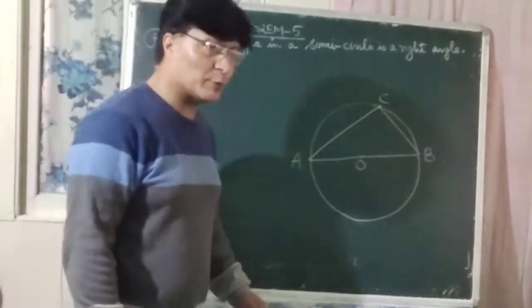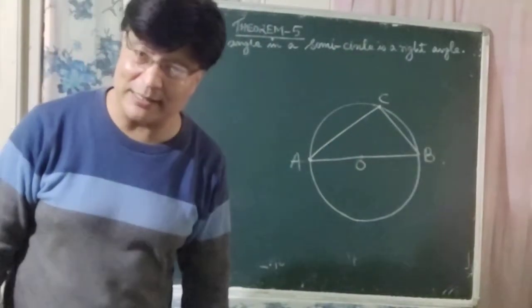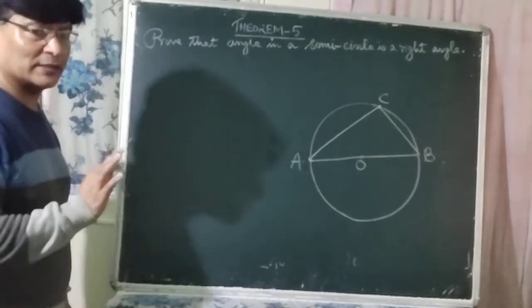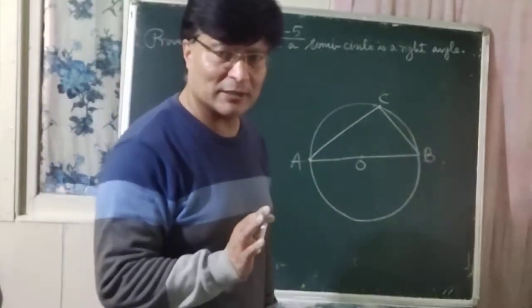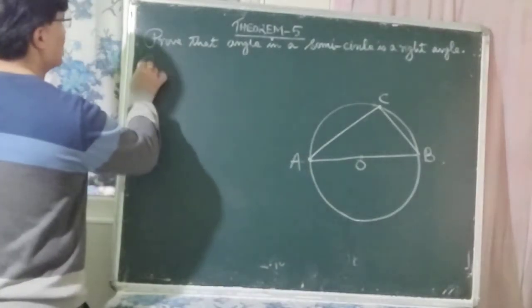That means you have to prove that angle ACB is equal to 90 degrees. Is that clear now? So let us prove it. Now we have understood the meaning of semicircle and angle in the semicircle. Okay? Now let us prove it.